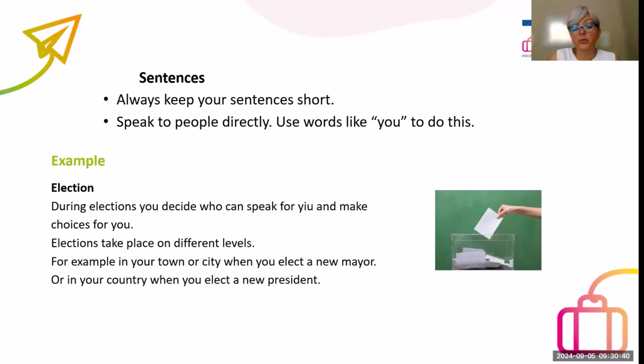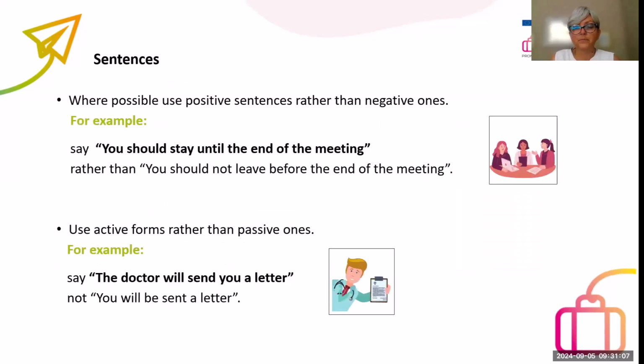During elections, you decide who can speak for you, sorry for the spelling mistake, and make choices for you. For example, in your town or city, when you elect a new mayor, or in your country, when you elect a new president, when you make this piece of text more direct, it's easier for a person to understand it.